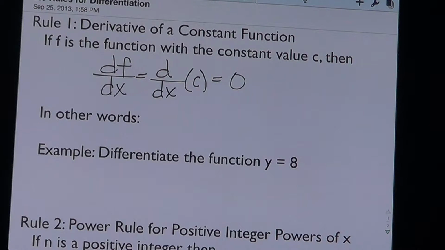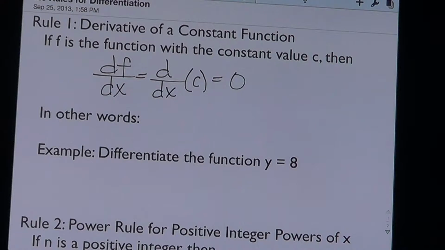So if f is the function with the constant value c, what's a constant? You guys know what a constant is? I know we've seen it before, but it's just a plain number.